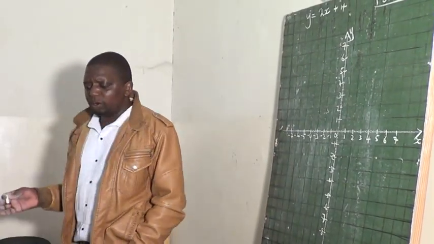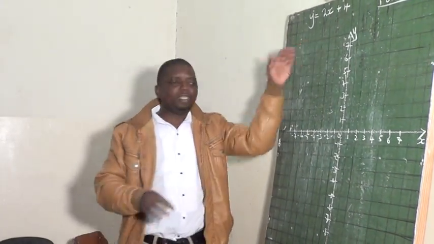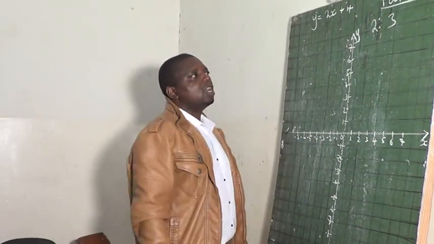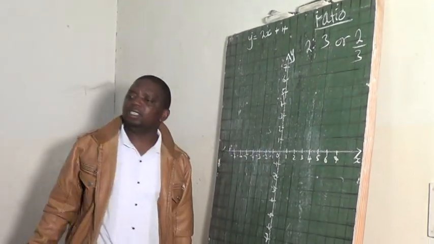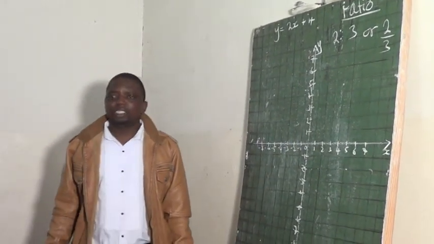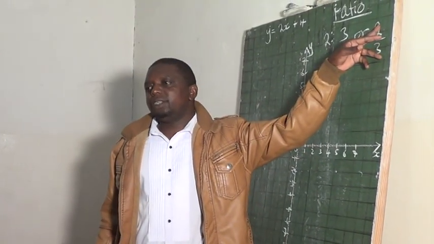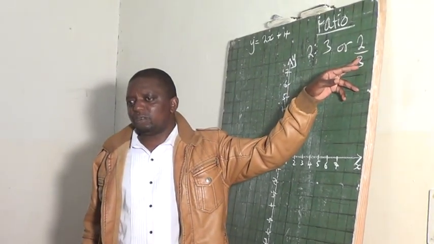When we say a ratio, it must have two values, either in the form 2:3 or 2/3. The numerator gives the vertical distance altogether, and the denominator the what? The horizontal.